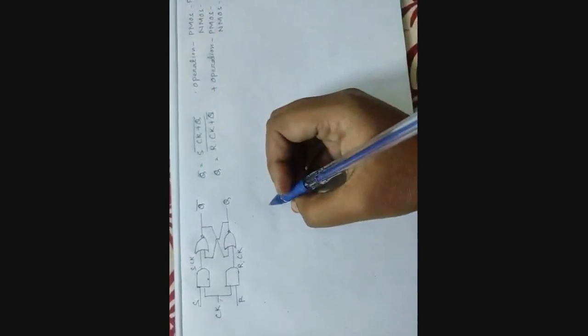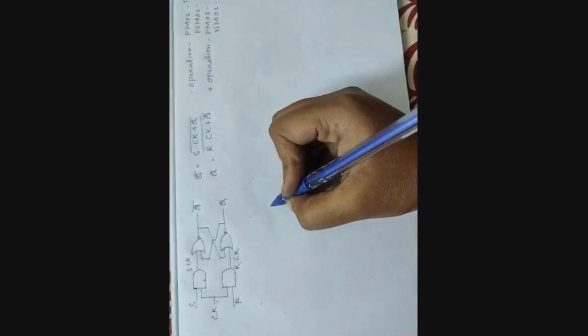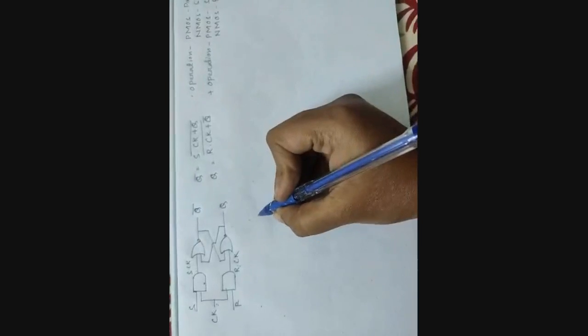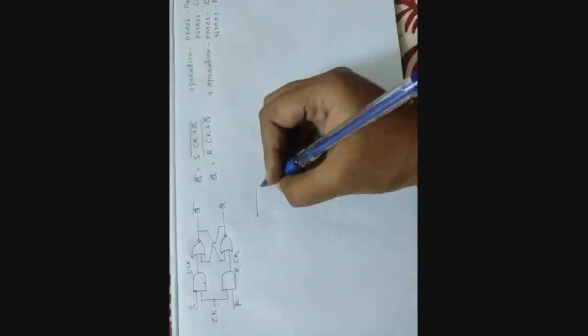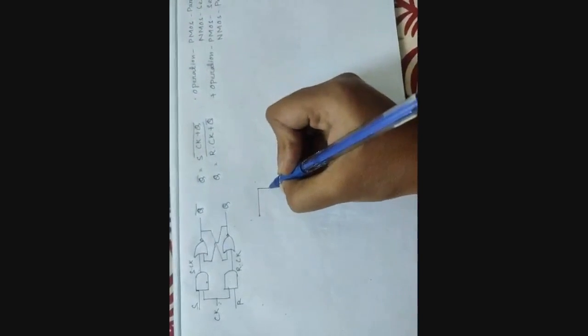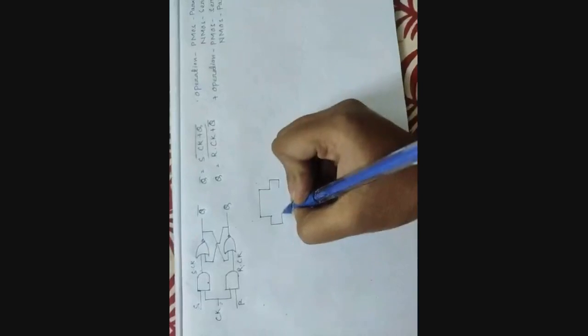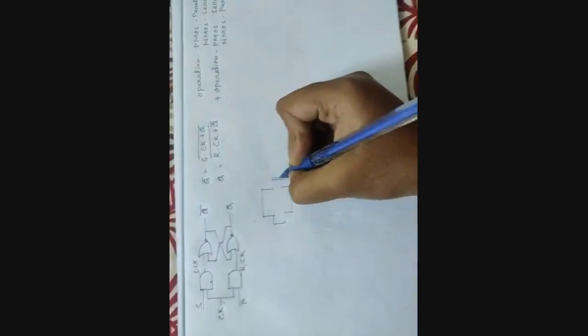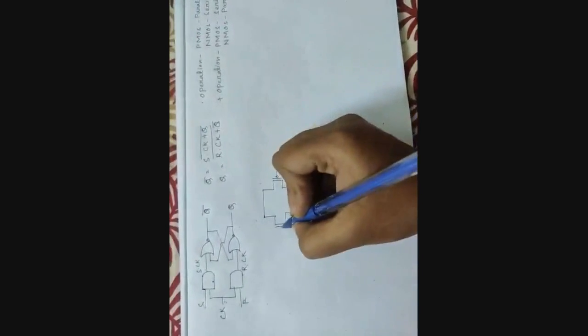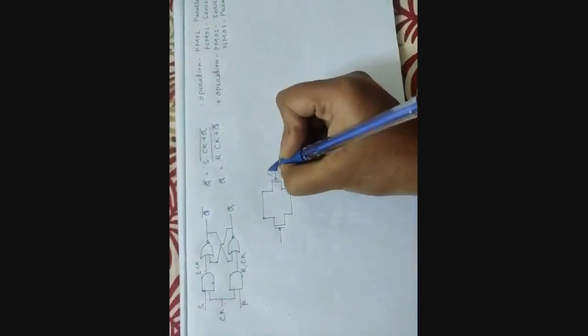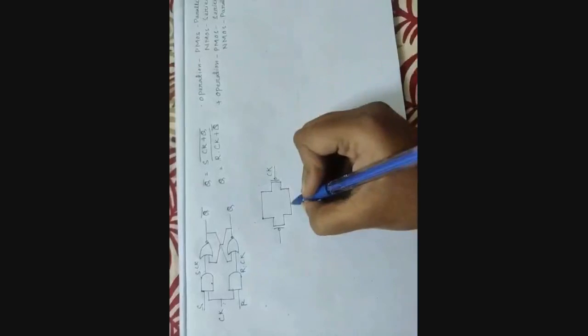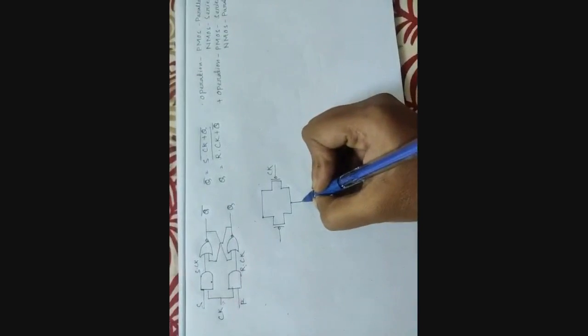First we draw the first equation, S into Ck. For PMOS they are connected in parallel, Ck, and then Q is connected in series.